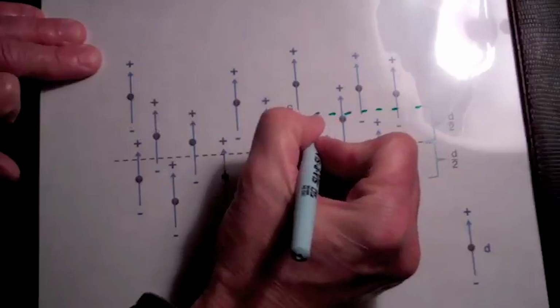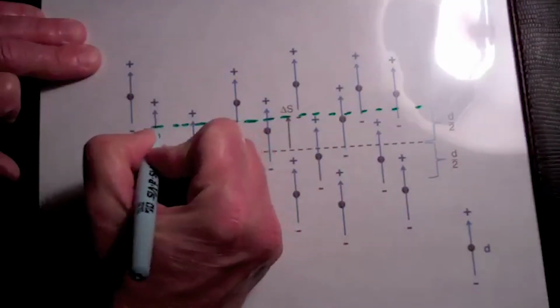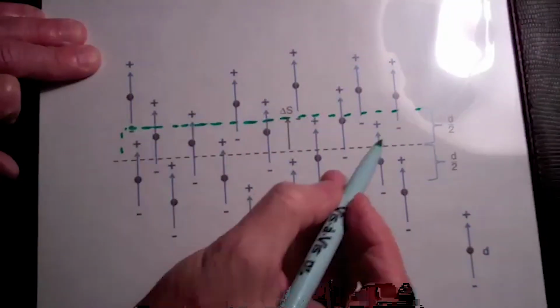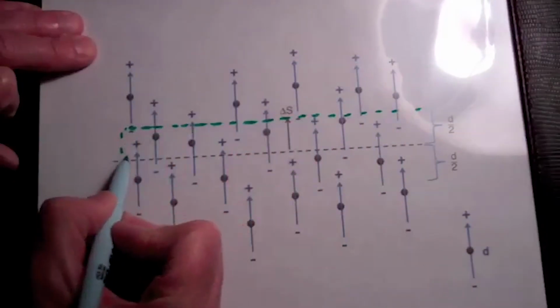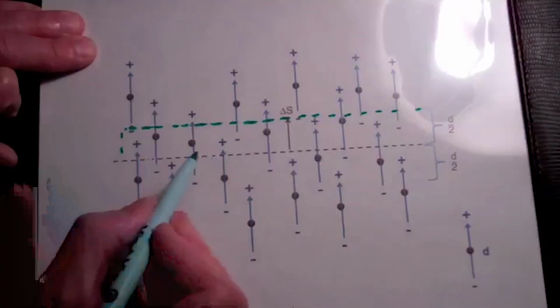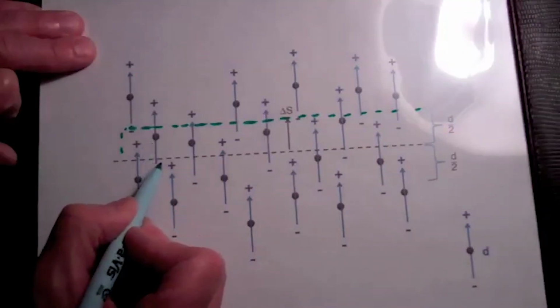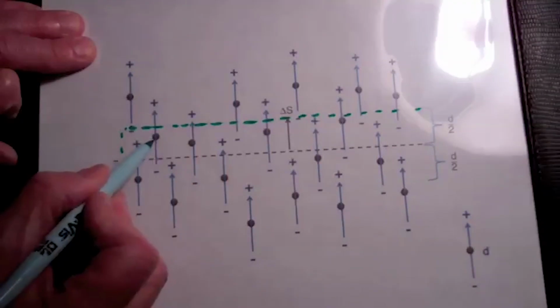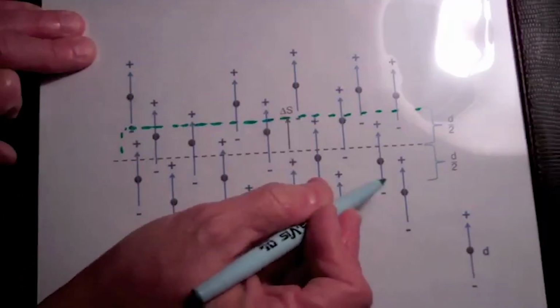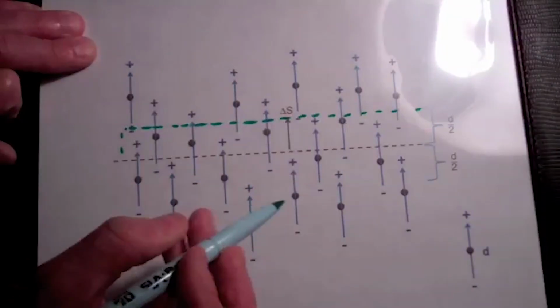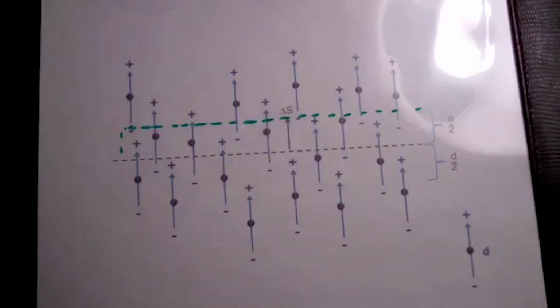So every atom that's within a distance of d over 2, or within this volume of d over 2 times delta S, will result in a negative charge being pushed down through this interface and an increase in negative charge in our enclosed surface.